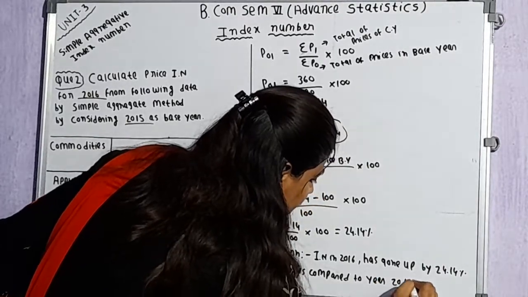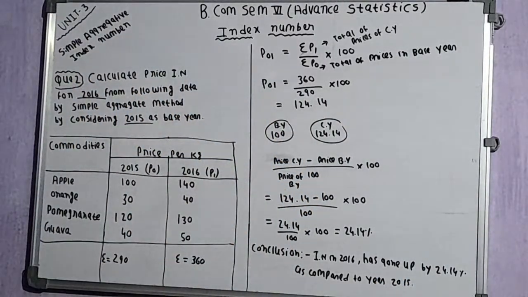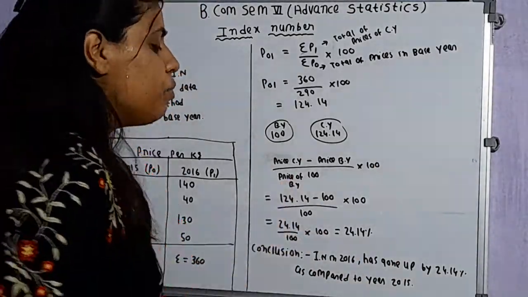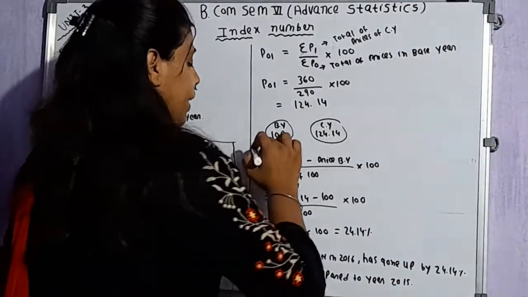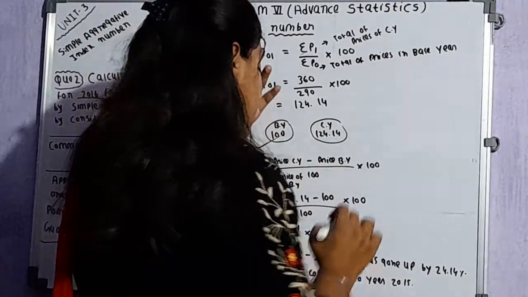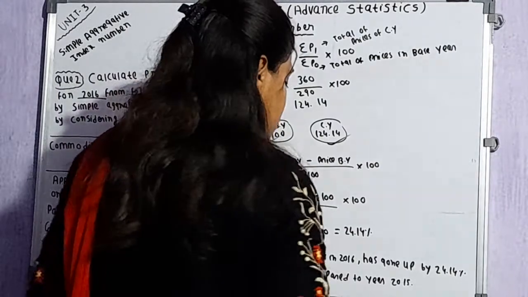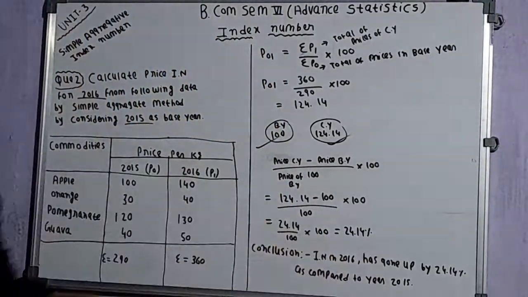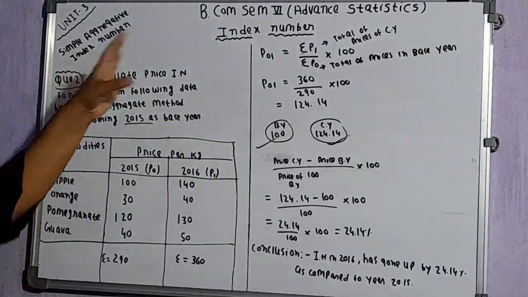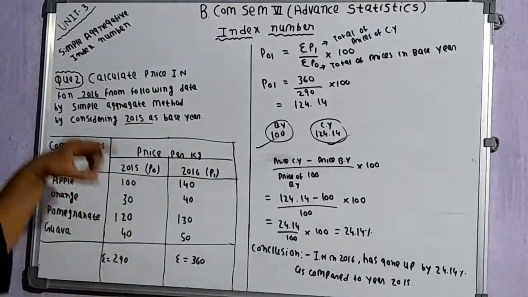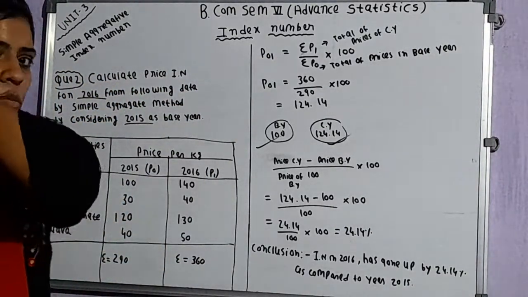From the conclusion as well you can understand that any commodity which used to cost 100 rupees in 2015 will now cost 124.14, because the index number has gone up by 24.14%. This way we have calculated the index number by using the simple aggregate index number method.